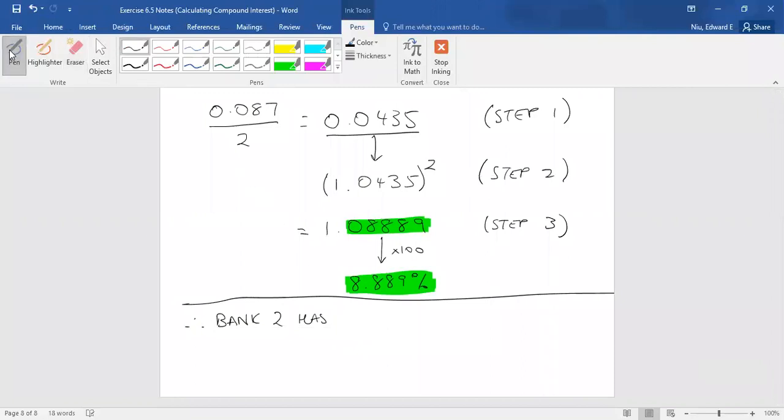So bank 2 has the highest effective interest rate.